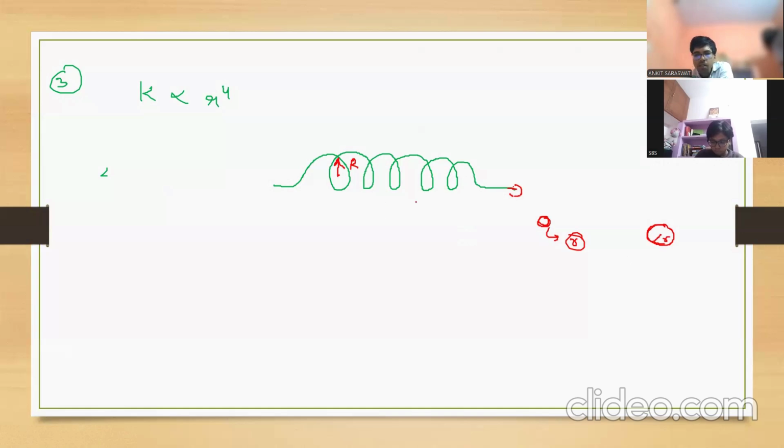So what is this small r? Small r is the radius of the wire from which this spring is coiled or made. What is capital R? Radius of the spring.